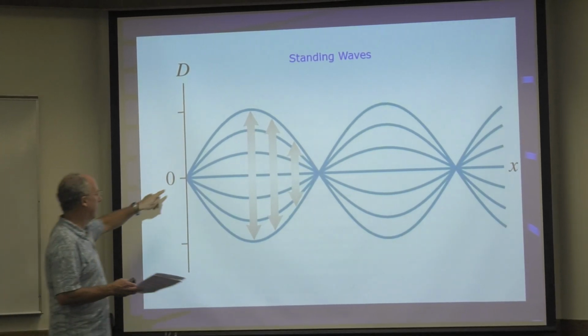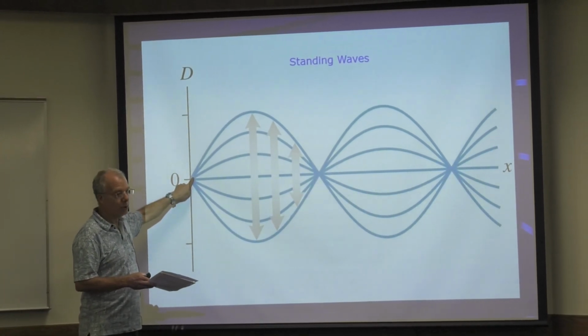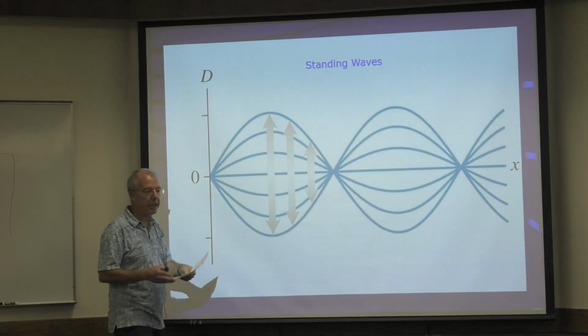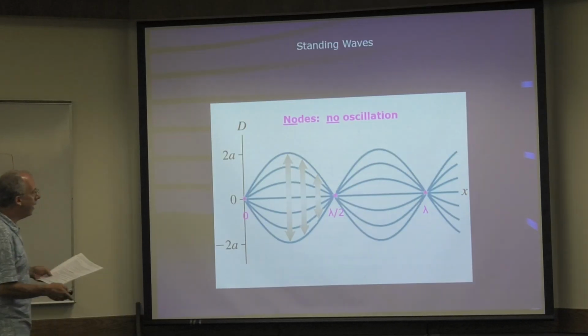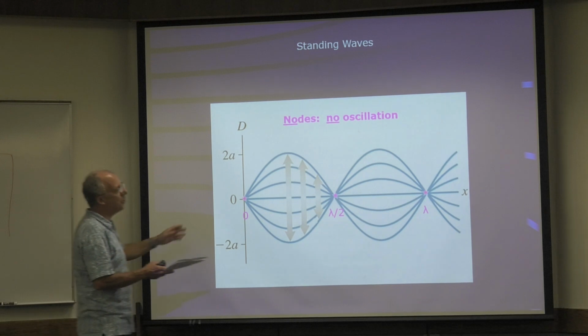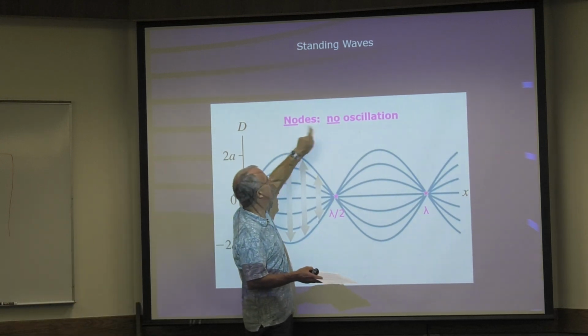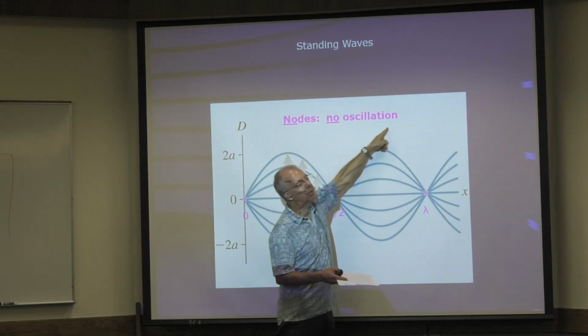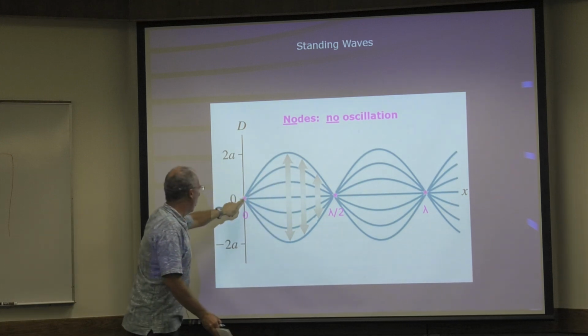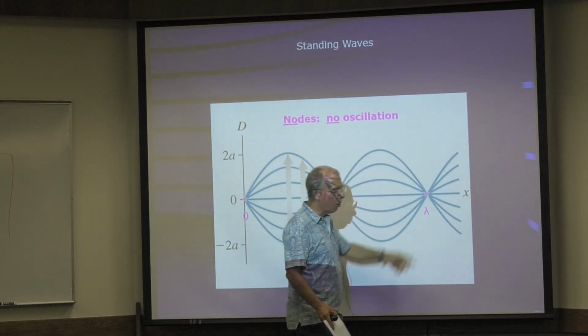This here does not oscillate, so it's called a node, N-O-D-E. That's kind of nice because it's easy to remember. Node, just think of no oscillation. So node, node, node, no oscillation.